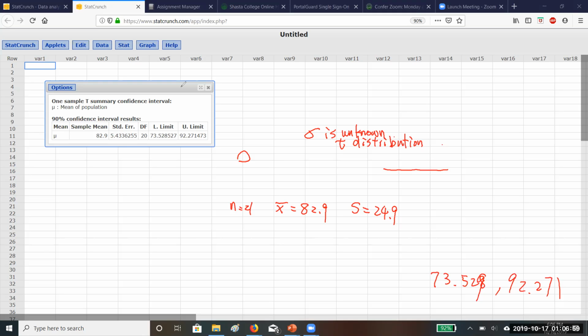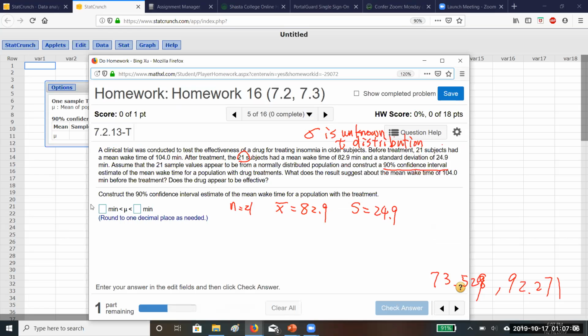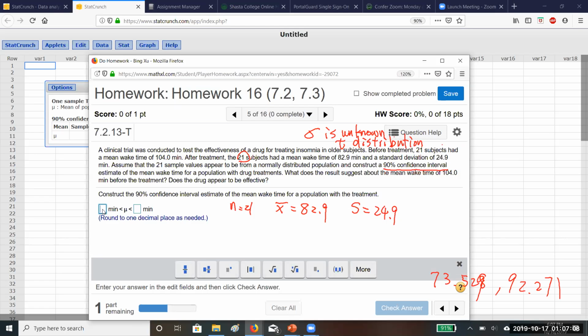So then put it in our answer. Where's the problem? There it is. So it's between, round to one decimal place. So that's 73.5 to 92.2.